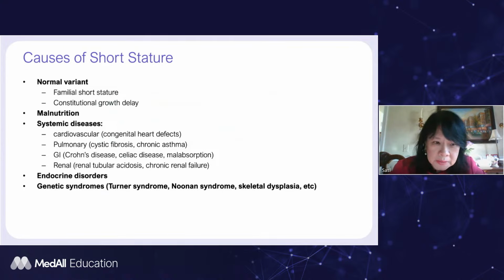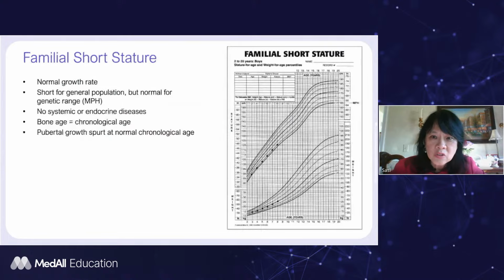We also need to think about Turner syndrome, Noonan syndrome, and Silver-Russell syndrome, which is just one of the many genetic syndromes that can have short stature.